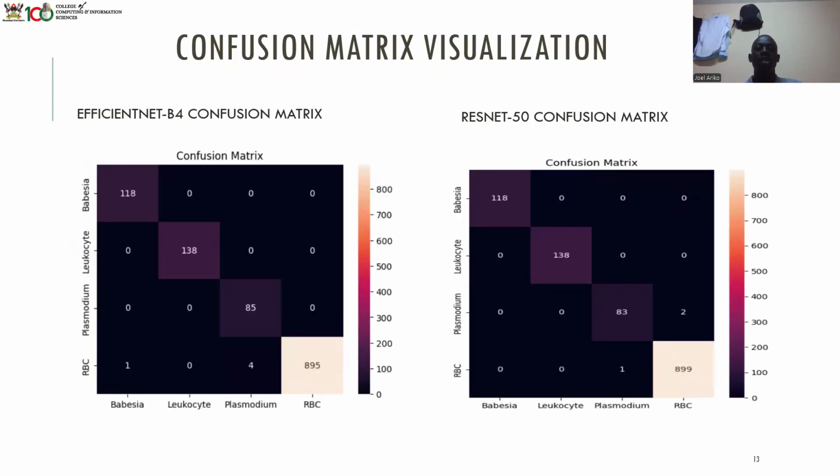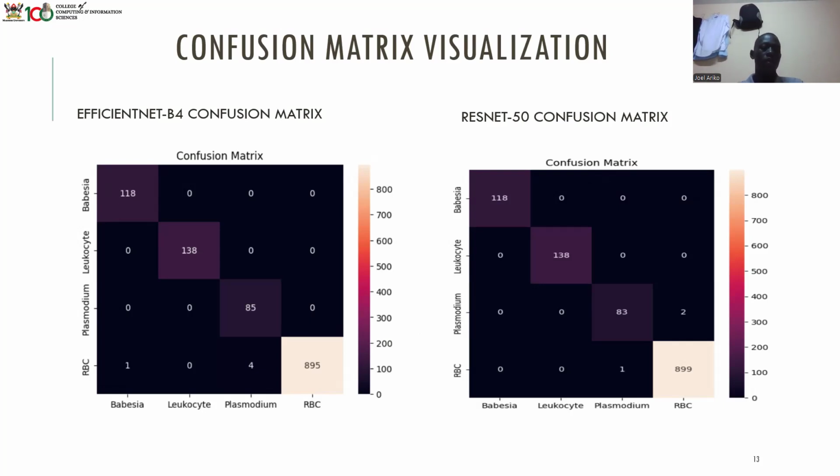So here is a confusion matrix visualization for both the models. Here I have the EfficientNet confusion matrix, then on the right hand, I have the ResNet 50 confusion matrix visualization. The confusion matrix helps us to show the performance of the model in classifying these four class categories.